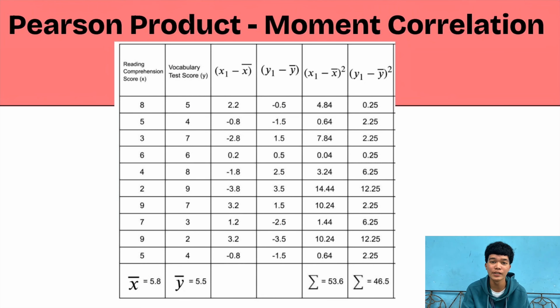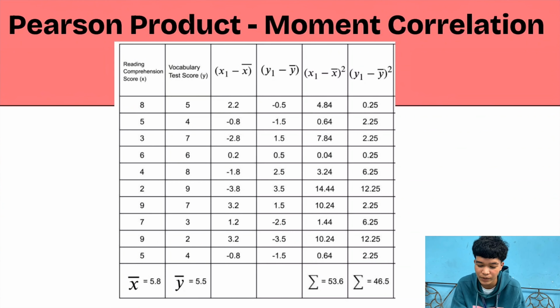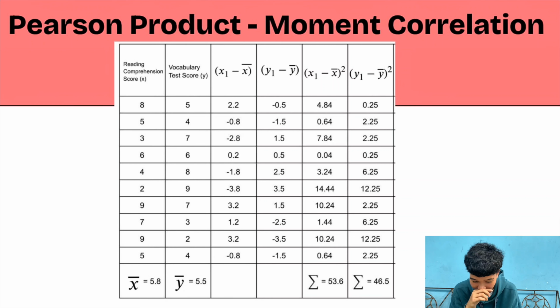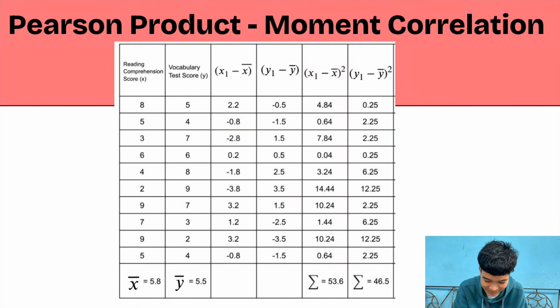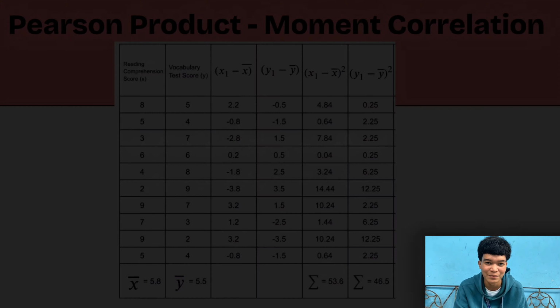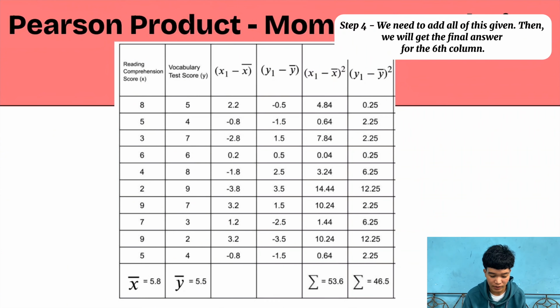For example, negative 0.5 squared is equal to 0.25, negative 1.5 squared is equal to 2.25, and 1.5 squared is equal to 2.25, and 0.5 squared is equal to 0.25, 2.5 squared is equal to 6.25, and 3.5 squared is equal to 12.25, 1.5 squared is equal to 2.25, and negative 2.5 squared is equal to 6.25, and negative 3.5 squared is equal to 12.25, and the last one, negative 1.5 squared is equal to 2.25. We need to add all of these and we will get the total answer, which is 46.5.